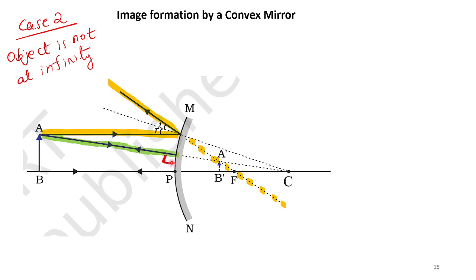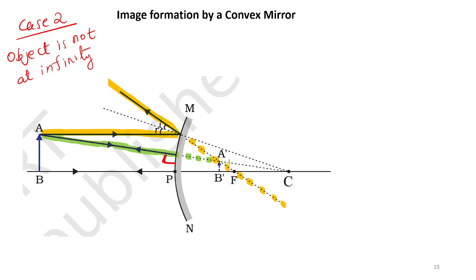I have already discussed that any ray perpendicular to the mirror will retrace the same path, or rebound through the same path, and the extension will be meeting at the center of curvature. The normal ray after reflection will be meeting at the center of curvature.